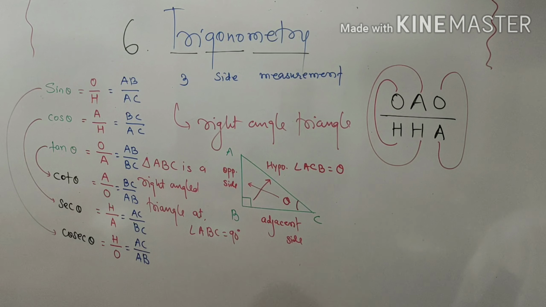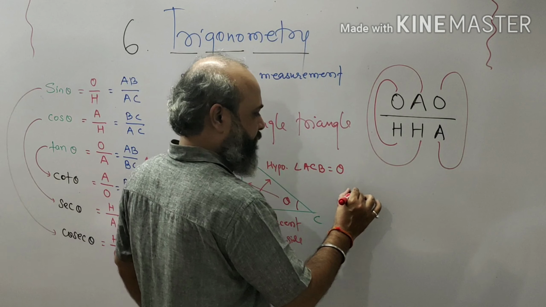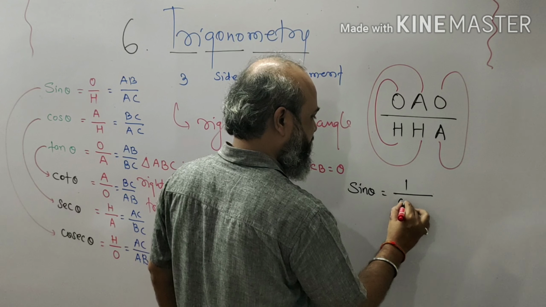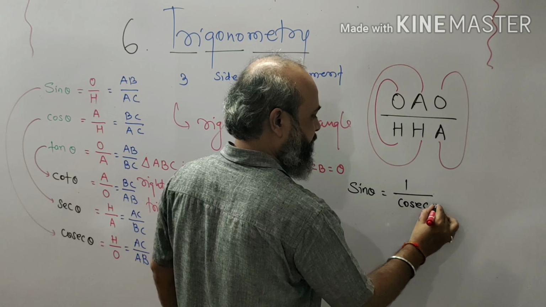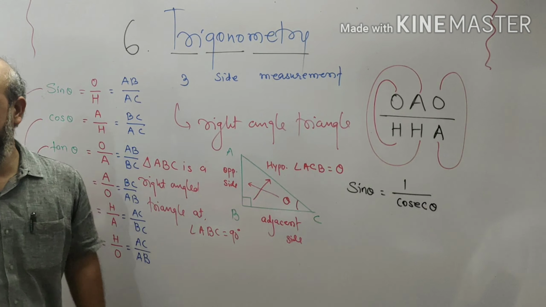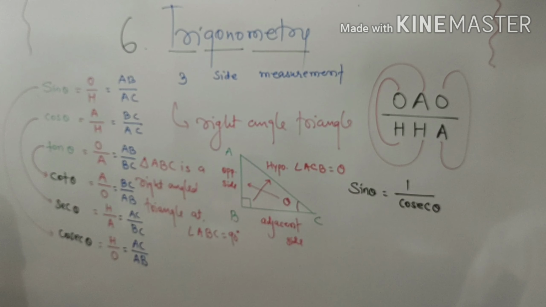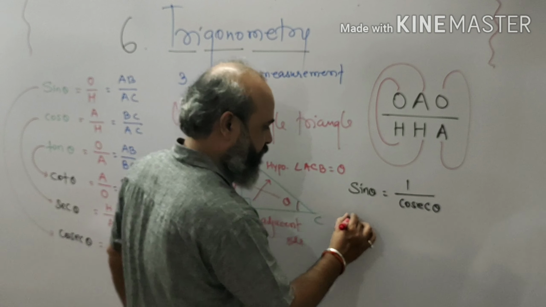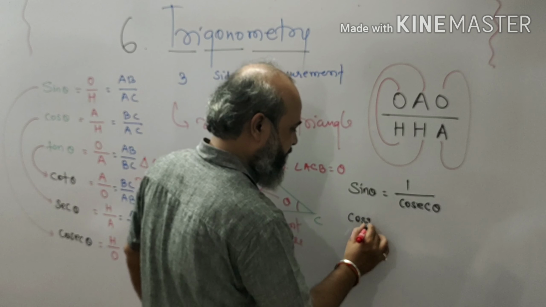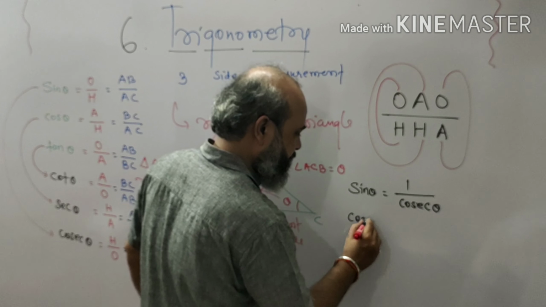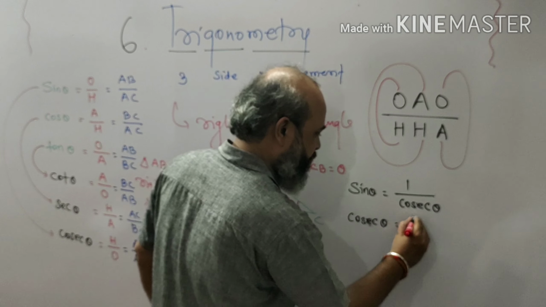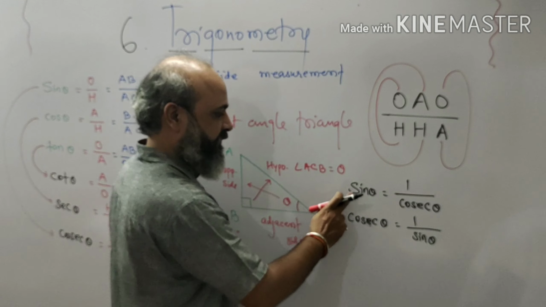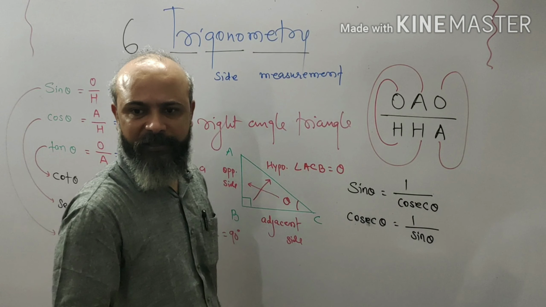Now we know that sin theta is equal to 1 upon cosec theta, because cosec theta is the opposite of sin theta, and sin theta is the opposite of cosec theta.